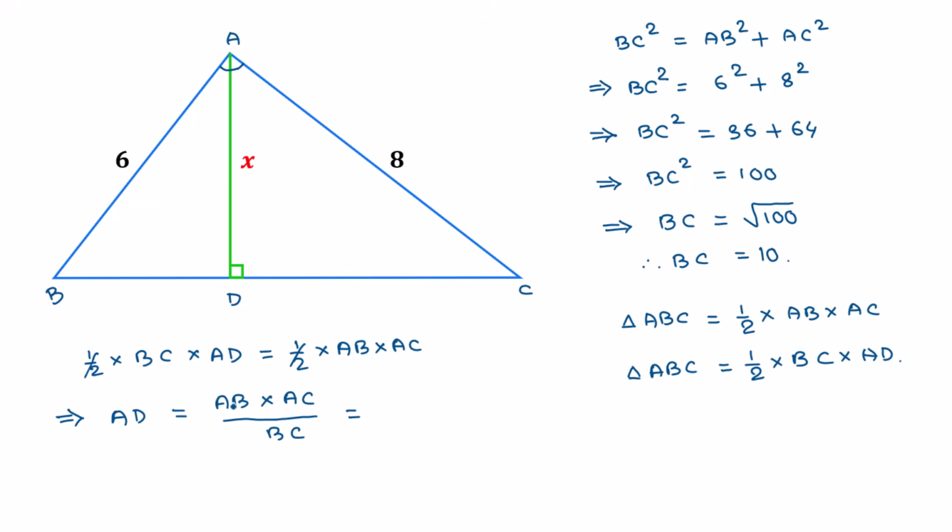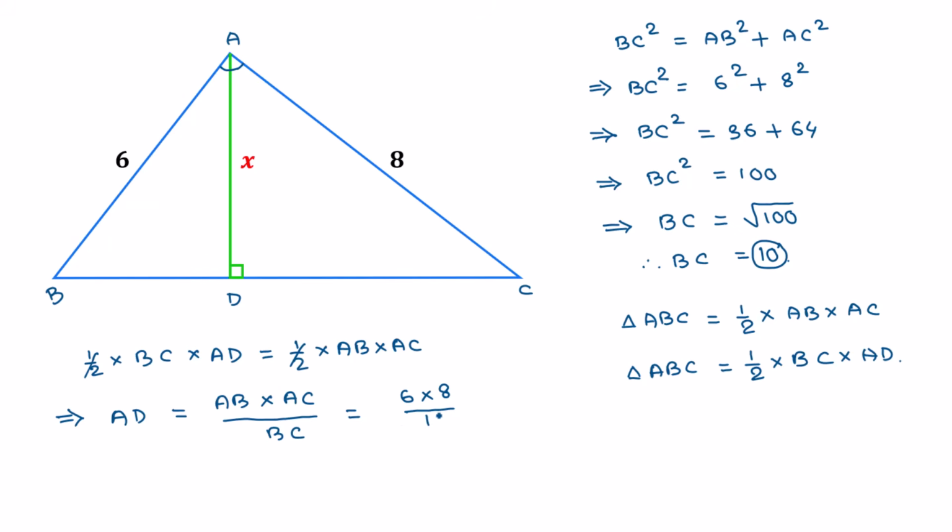Now substitute the lengths of AB, AC and BC. We will get AB, this is 6 units, times AC, this is 8 units, divided by BC. We have found this BC as 10 units.